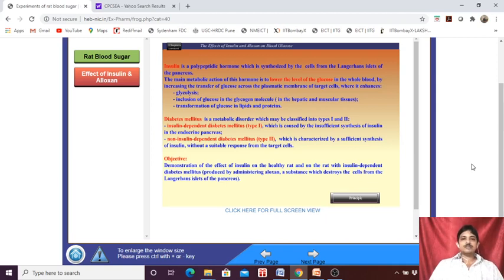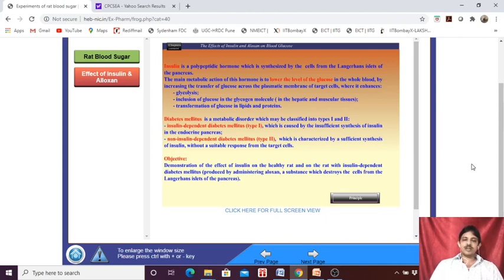For this purpose, insulin acts in the metabolism of carbohydrate, protein and fat. For example, it includes glycolysis, conversion of glucose into glycogen, transforming glucose into lipid and protein. Of course, glucose uptake into fat tissue, skeletal muscle, etc.